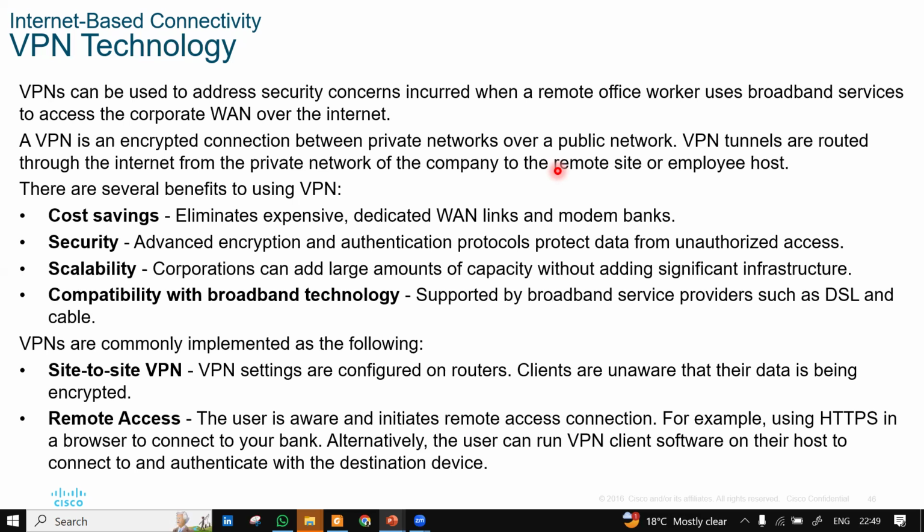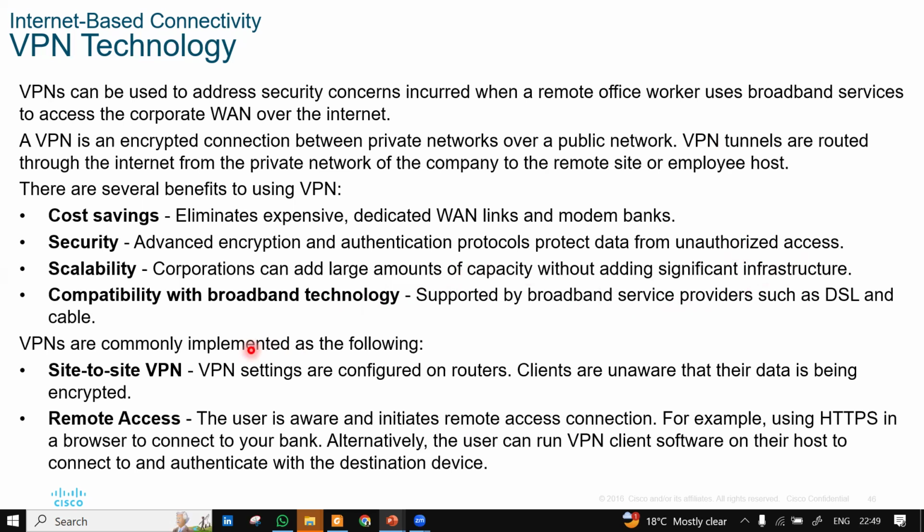On the other side of that, the internet is the infrastructure itself, the infrastructure which allows you to share that information. So when you talk of corporations adding large amounts of capacity without adding significant infrastructure, the reason they can do that is because of the internet.